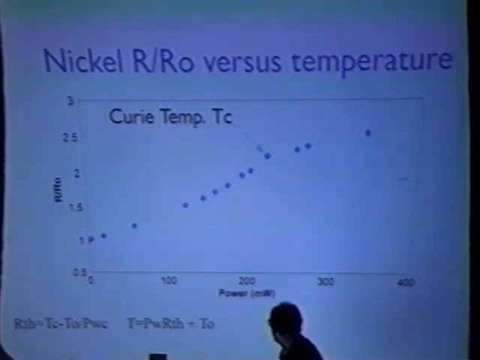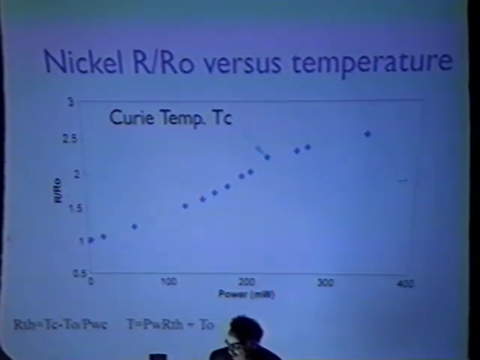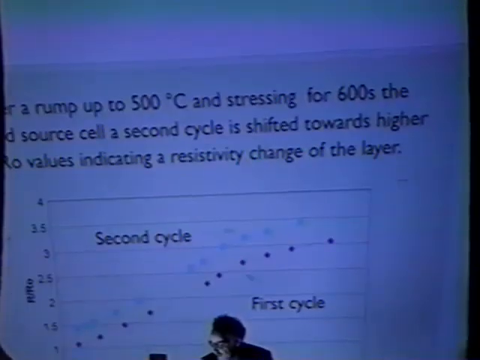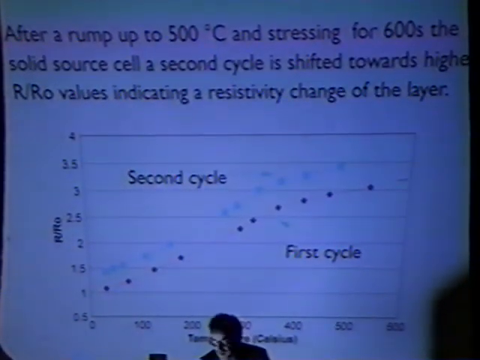The Curie temperature of the nickel is 360. And in the chamber, in making this kind of curve, I put the vacuum in the chamber just to avoid losing too much power to heat the sample.